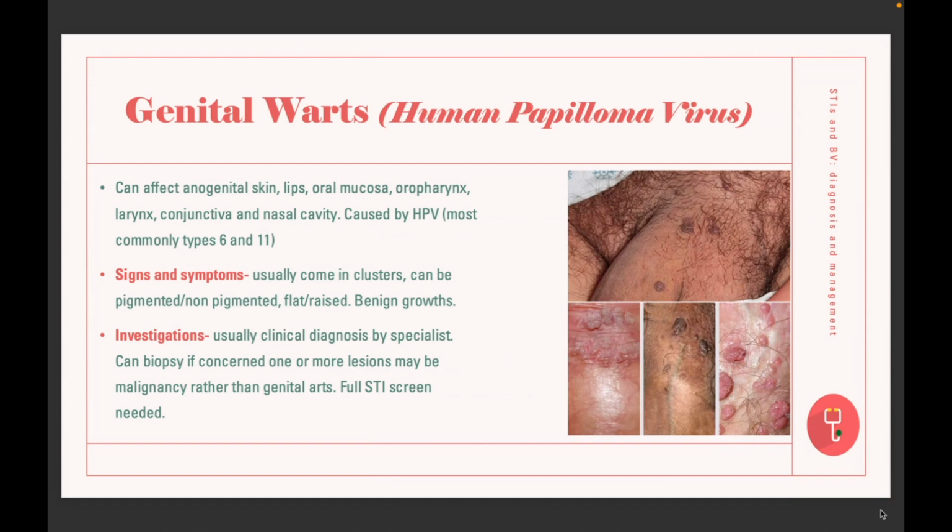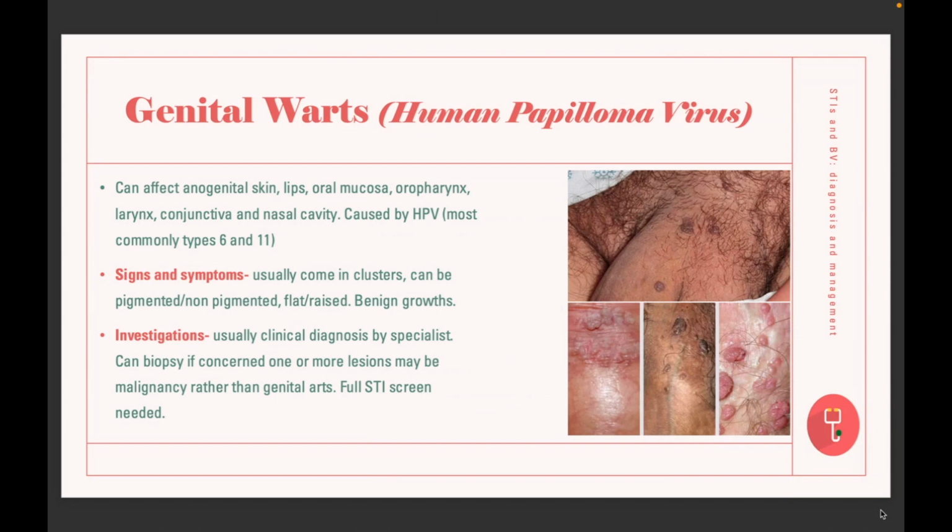If you're thinking, I don't know whether it's genital warts or syphilis, the two key things are: with syphilis, if you're looking for a chancre, usually it'll be one lesion compared to genital warts, which will usually be several. And syphilis is more of an ulcer rather than a lump, so it will look raw and red and a bit irritated. These are benign growths, so non-cancerous.